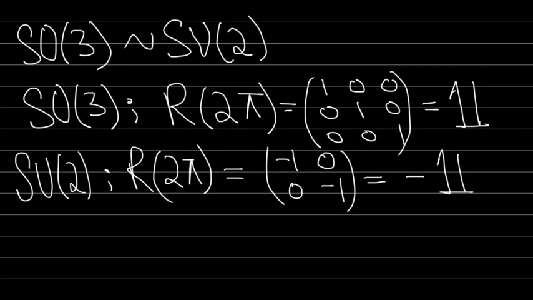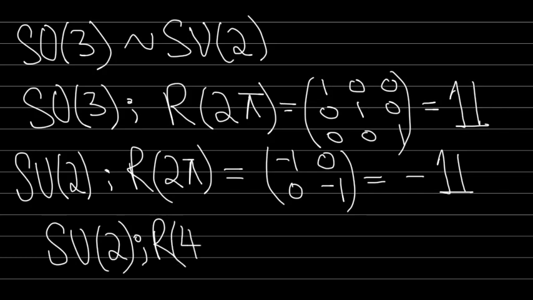Physically, if you try to imagine this, it beats your head, but in an abstract way, a spinor is something that you have to rotate 2 times to get back to its original position. So for SU2, you do R 4 pi.